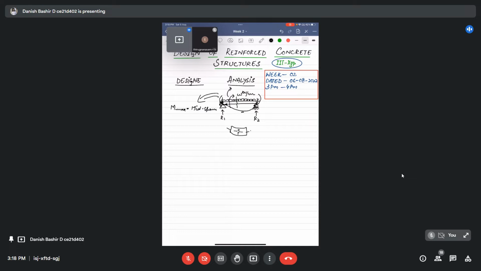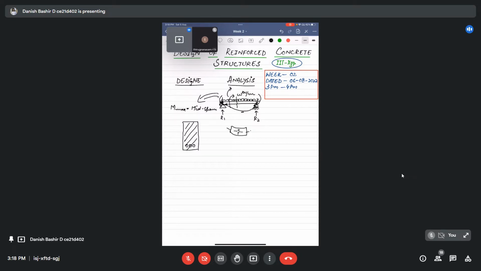For example, we have to know what cross-sectional dimension we will give so that this beam will resist that maximum bending moment, what grade of concrete we will give so that it is safe under this loading, and what amount of reinforcement steel I will give so that it is safe.